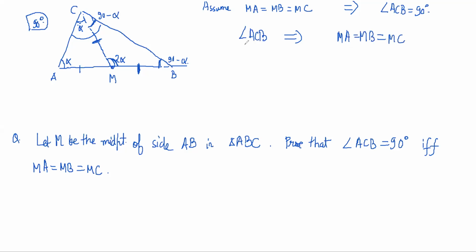Although you also know that MA is equal to MB, and this is 90. So then this proves that the circumcenter is the midpoint of the hypotenuse. But we have not yet proved it. So we should try and prove it.